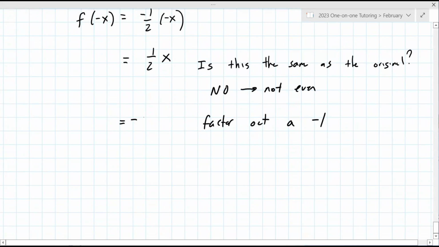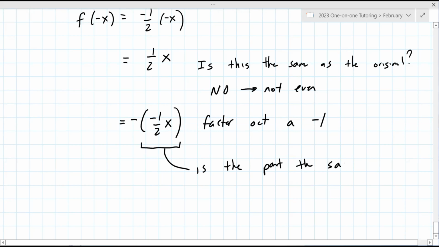Well, it's negative -1/2 x, but then that's 1/2 x. So I'm going to give you a better example than this. I apologize, this is so weird. But then you ask yourself, is the part in parentheses the same as the original? Yes, and so then it would be odd because yes, it is the same. And if you get no, then it's neither.